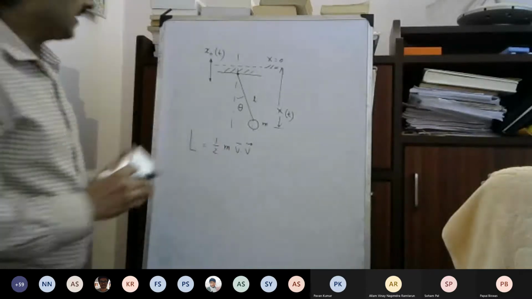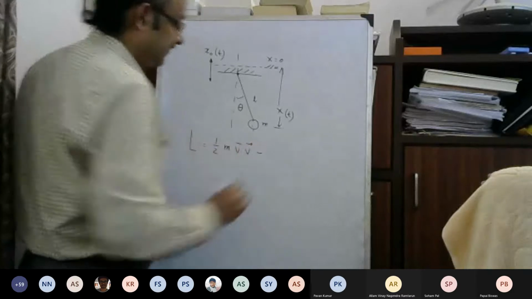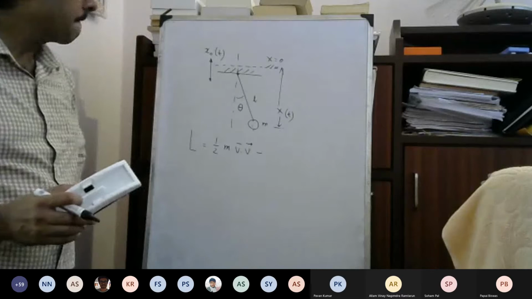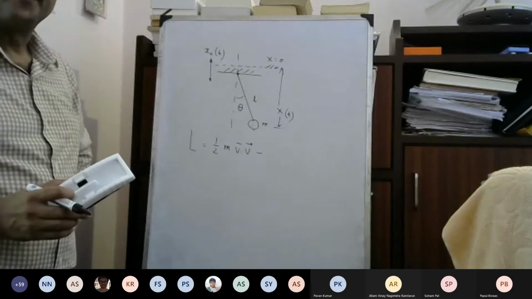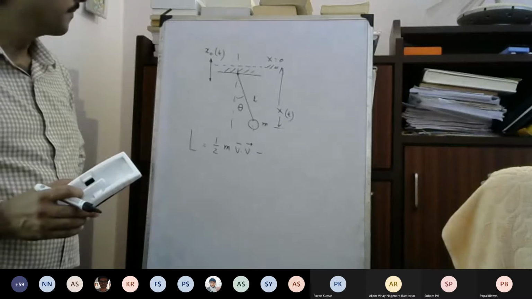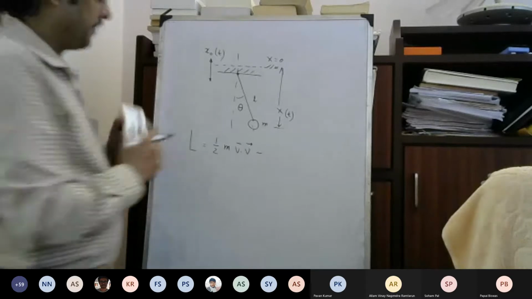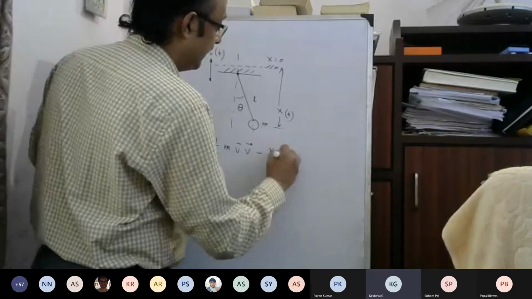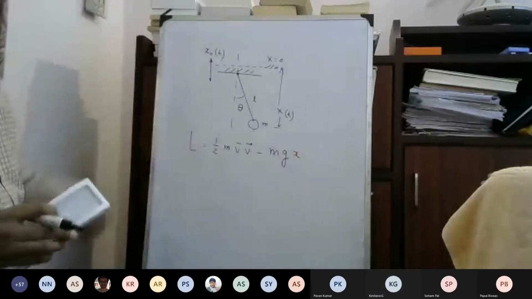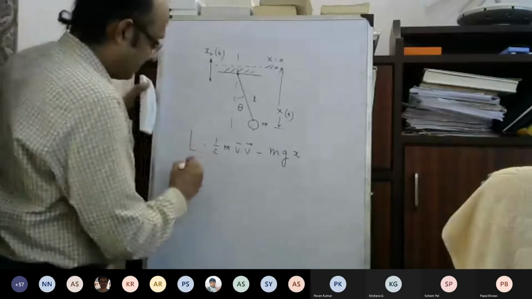And what is the potential energy of this? Minus mgx. Right, minus mgx. Fine. So now let us calculate the v.